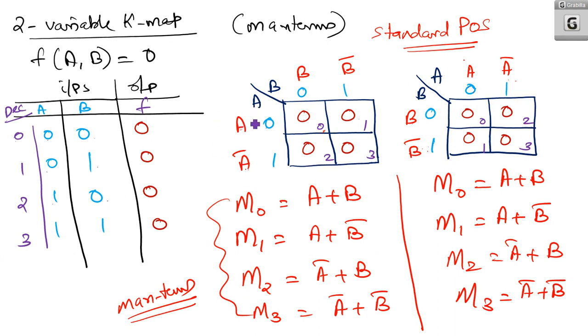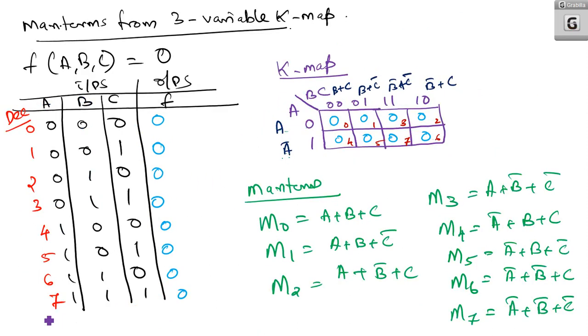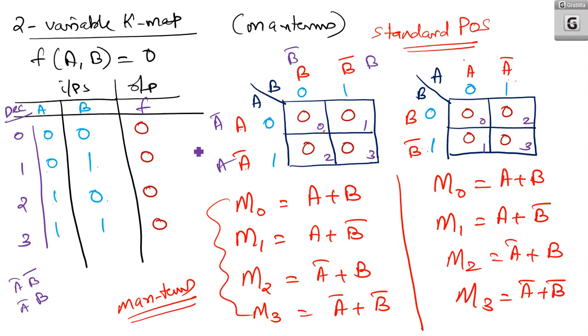And similarly, if you are having the minterm expressions, this will be A bar B bar, A bar B, A B bar and A B. Okay, these are the corresponding minterm expressions.